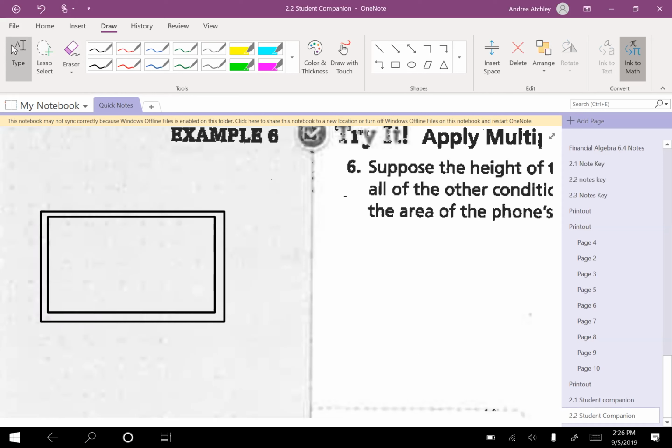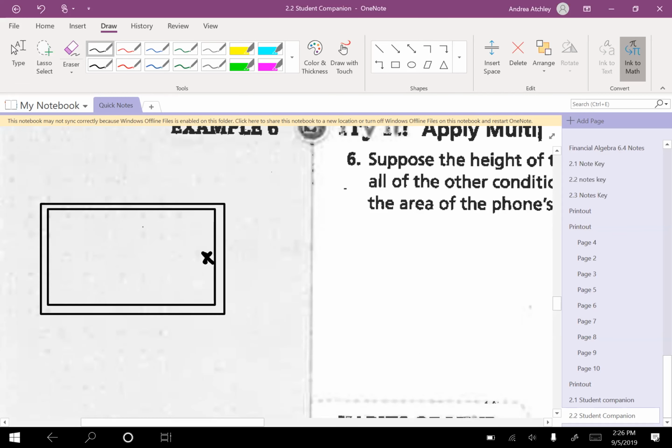What they're saying is that your screen, the width is x, and the length is 1.9 times the size of that. So this is 1.9x.